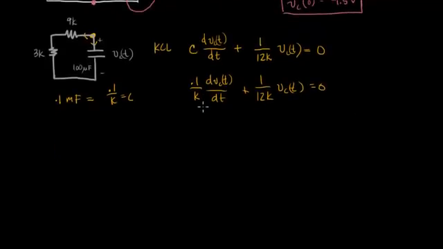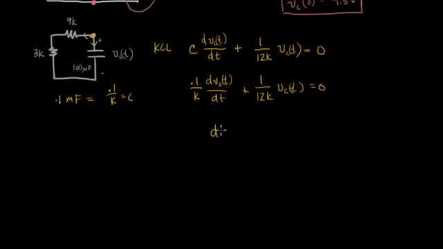The important thing about solving this and getting to the final voltage is that we need it in standard form so that we can apply our simplification. So I'm going to multiply through by K over 0.1, and that'll cancel this out.